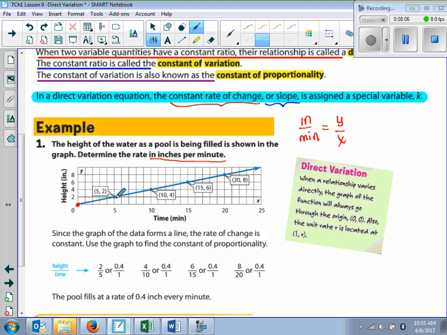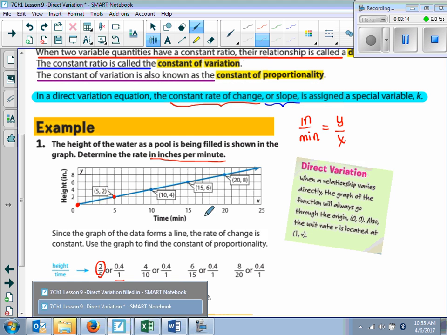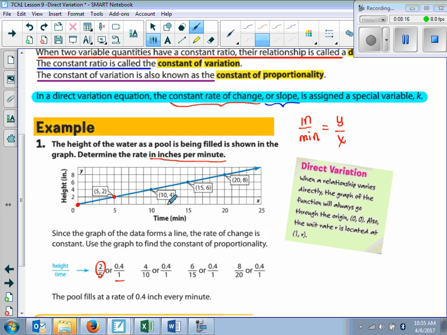here this is going to be 2 to 5. Remember we're looking at y to x, so it's 2 to 5. 2 to 5 is equal to 4/10 over 1. At this point here, this is 4 to 10. 4 to 10 is also 4/10 over 1.